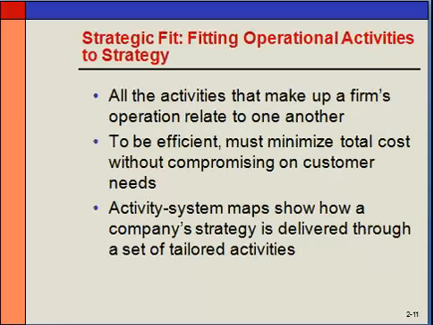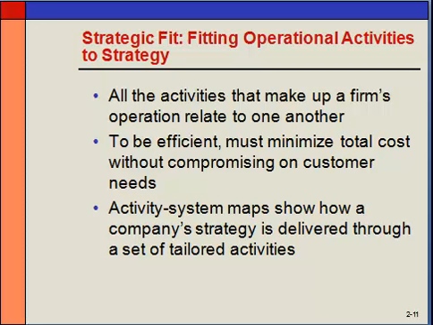This slide is really leading up to, or actually the last bullet on it is showing, a tool that we can use to make sure that our operation strategy is in line with our overall company or competitive strategy. So going back to those dimensions on which we compete, is it price, is it quality, is it flexibility, then is our operation really set up to make us strong on that competitive dimension?